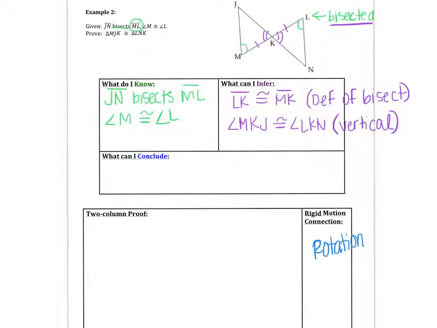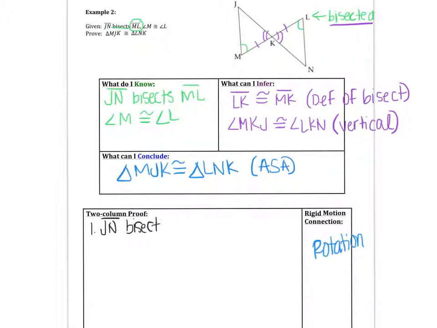All right, so I have 2 angles and a side in the middle, so I can finally make my conclusion that triangle MJK is congruent to triangle LNK, and I know that because of angle, side, angle. And that side is sandwiched right in between those 2 angles. So my 2-column proof is JN bisects ML, and I know that because it's given.